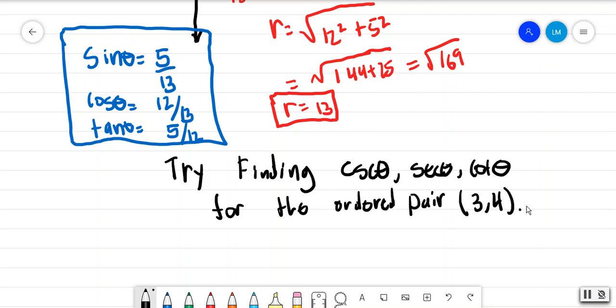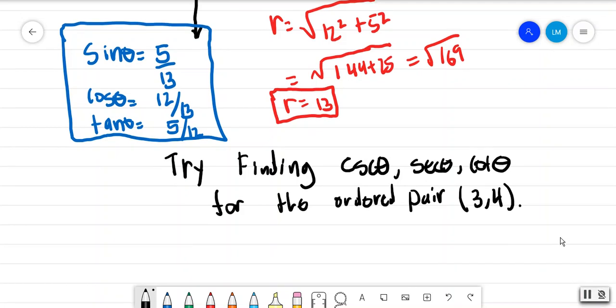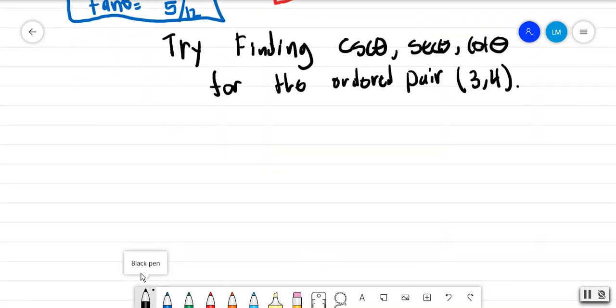And you'll see that this one's not too bad in regard to finding the r. Okay, let's try another example. Even though I gave you one example right there to try on your own, let's go ahead and look at the following.